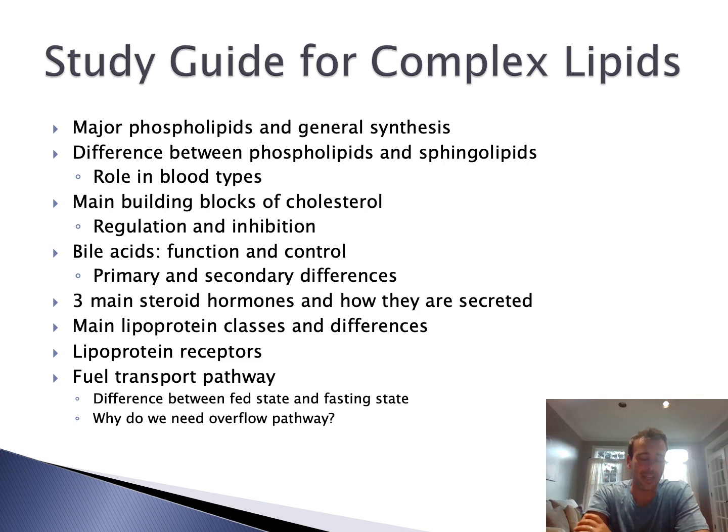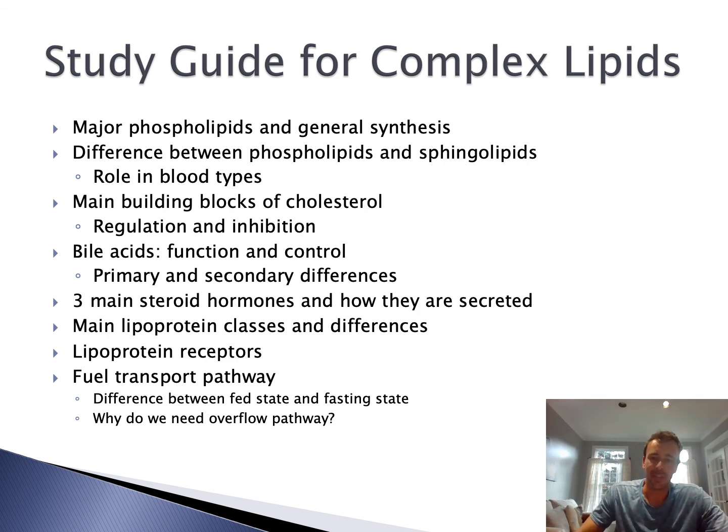I don't expect you to draw structures, but I do want you to understand a little bit the differences between them, or minimally by name. If I say phosphatidylcholine, you should understand that that is a phospholipid. I talked through a fair amount of synthesis at the beginning of the slides. I wouldn't worry too much about that, but some of the major steps, things I highlighted in red, may come up in the exam.